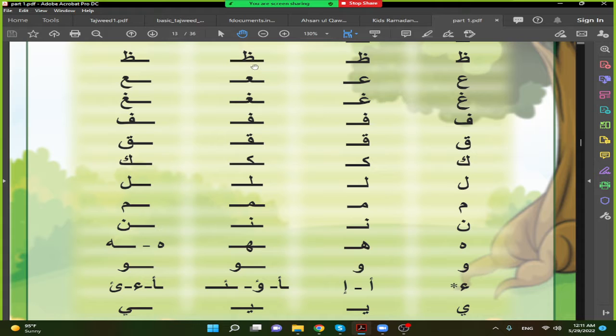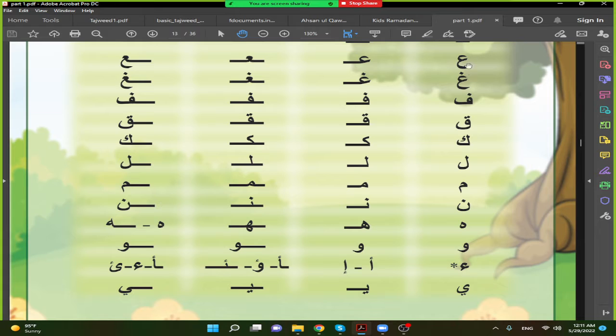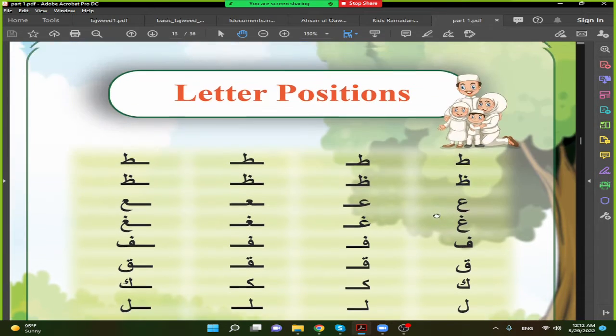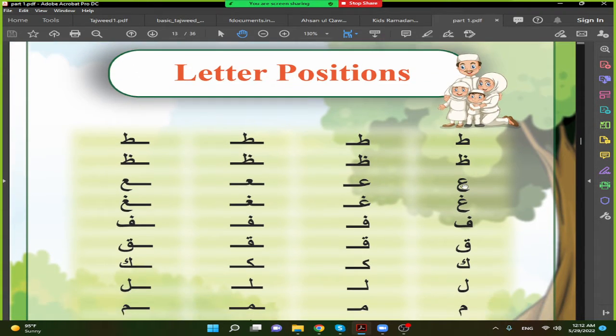Za. This one. Za. Alright. This one. Ain. It's also Ain. Don't get confused with this. When Ain comes by itself, it looks like this.